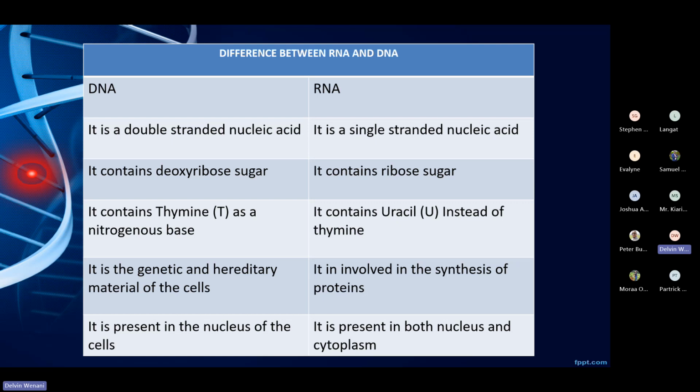That means it sends the information. Remember, it is in the nucleus with the DNA, and at the same time it is in the cytoplasm. Protein synthesis is supposed to take place in the cytoplasm, so the function of this is to carry the information from the DNA, what the DNA wants, and transmit it to the cytoplasm. That's why it's both in the cytoplasm of a cell and inside the nucleus.